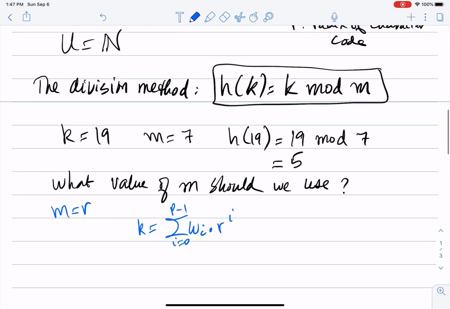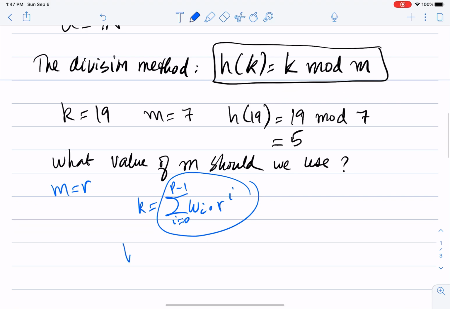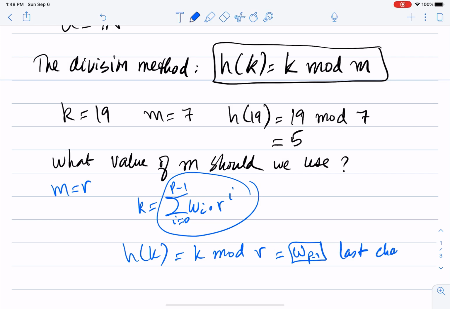What happens if I take this k and take it mod r? If I take h of k to be k mod r, what do I get? It's basically the very last character of w, the last digit w_{p-1}. So this is the last character of w, or of the key.